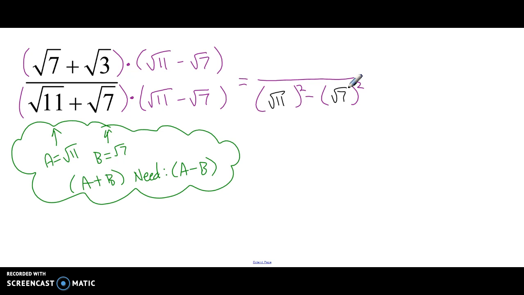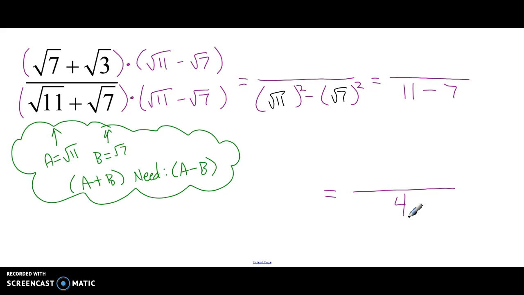A pretty common mistake is if people are trying to do this all in their head, they're mentally thinking square root of 11 squared, but all their brain does is 11 squared and they get 121. So if you write it out like this, hopefully it'll help you realize there's cancellation there. You don't get 121, you just get plain 11. Same thing here. This doesn't make 49, that just makes 7. So our denominator ends up being 4.